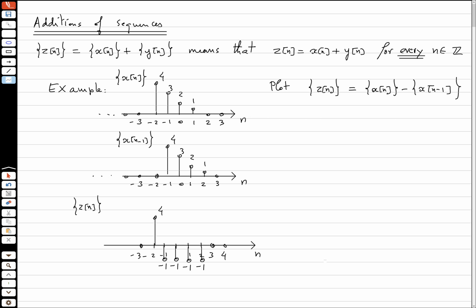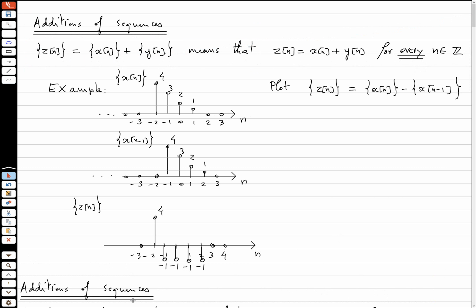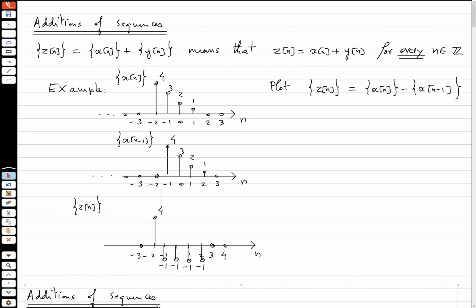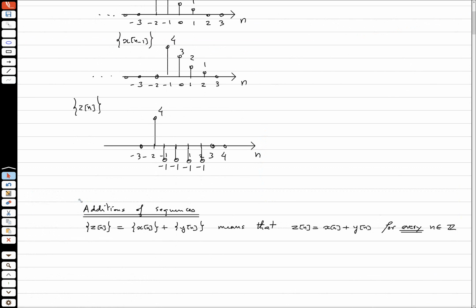All right, so now I'm going to teach something similar, which is multiplications of sequences. So you know what? I'm going to copy and paste because it's almost the same thing, except that I'm going to change addition to multiplication.